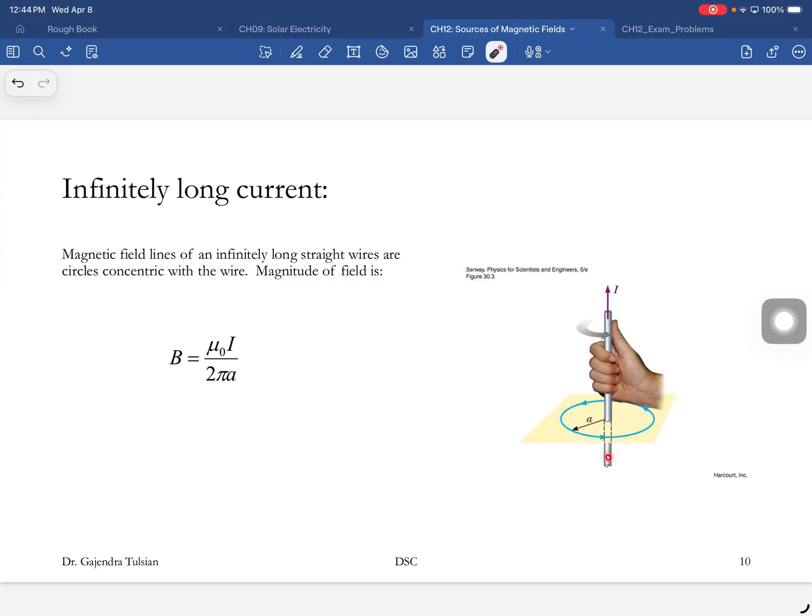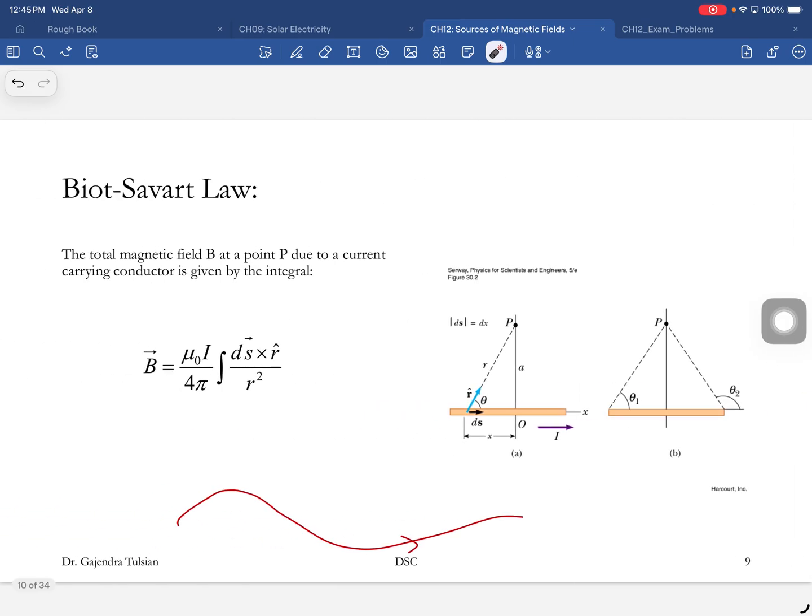If you use your right hand, you'll get the sense of the magnetic field. The magnetic field is tangent in this direction, and the magnitude is given by that. This expression was obtained by doing this integral for this infinitely long wire.